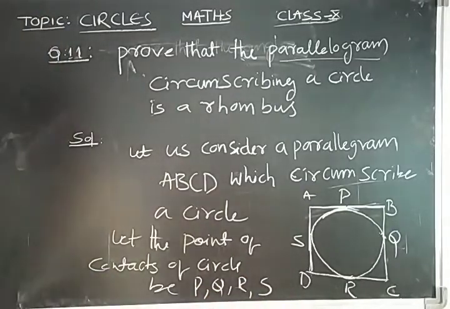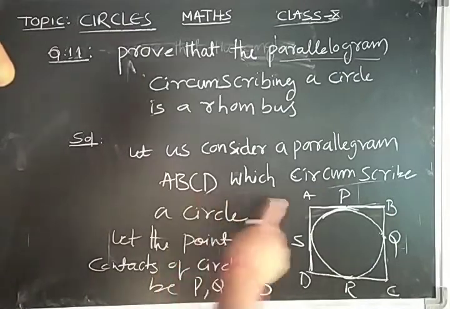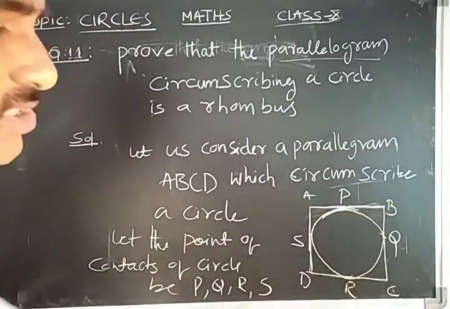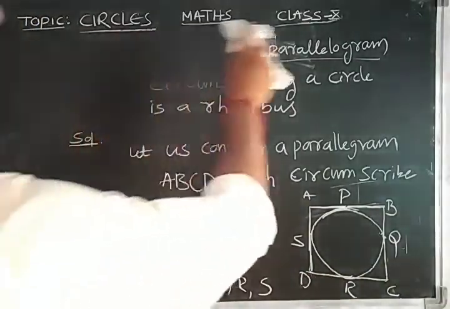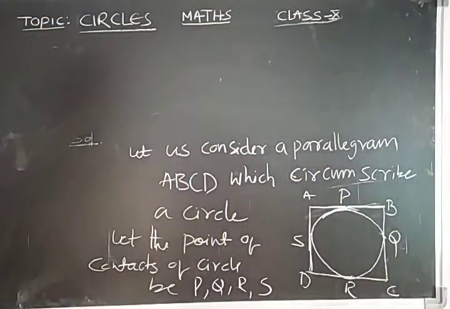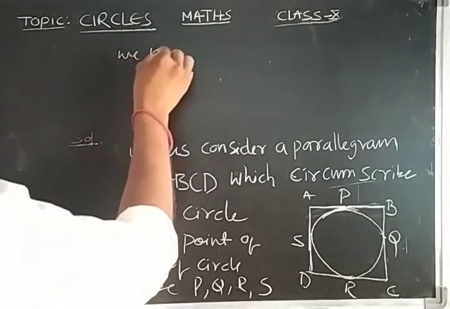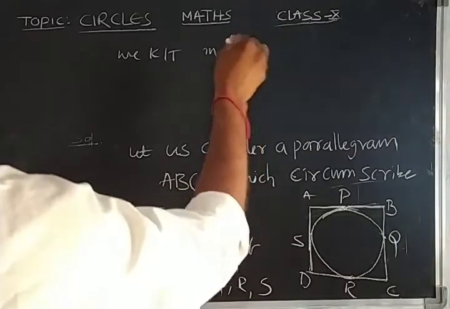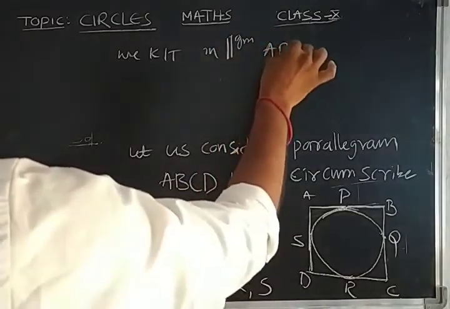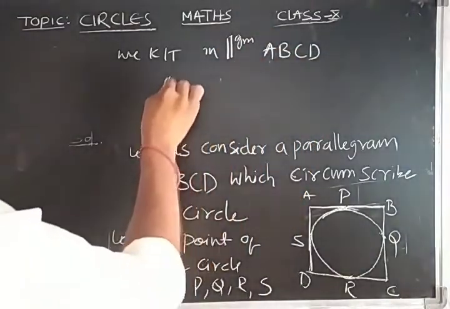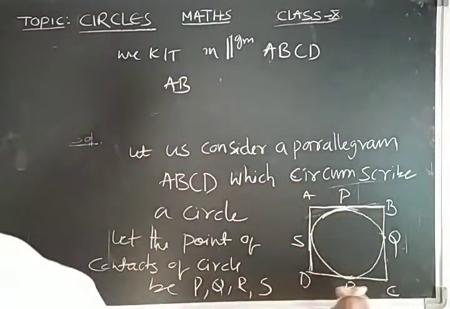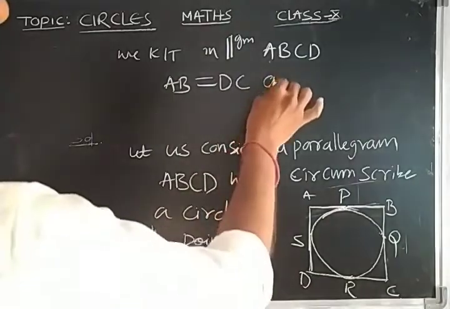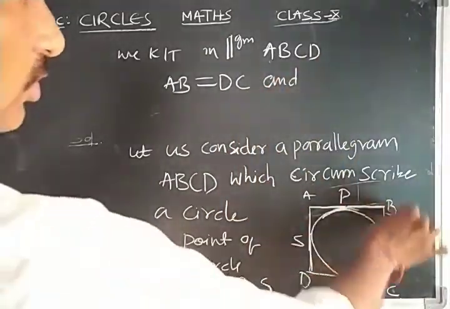Right. Now what is given here? ABCD is a parallelogram. In a parallelogram we know that opposite sides are equal. We know that in parallelogram ABCD, AB is equal to, what is the opposite side of AB? DC. AB is equal to DC and AD equal to BC.